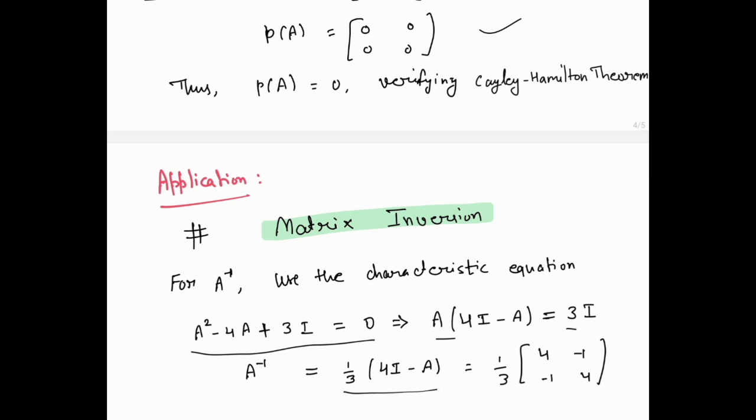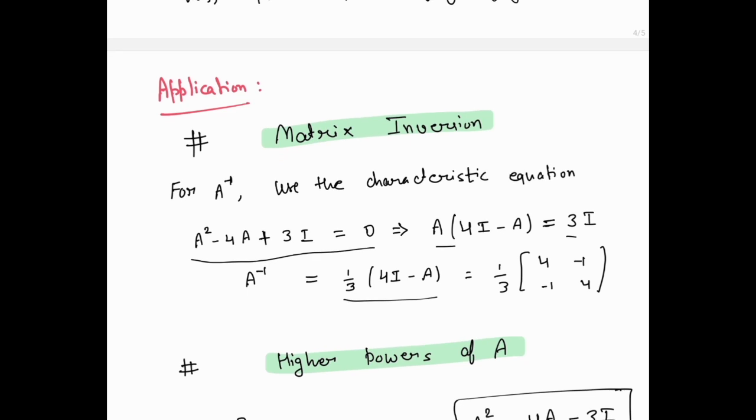We don't have to go through the classical method of finding the adjoint of matrix A and dividing by the determinant; we simply calculate it through the Cayley-Hamilton theorem.